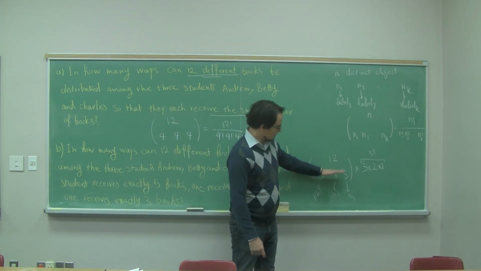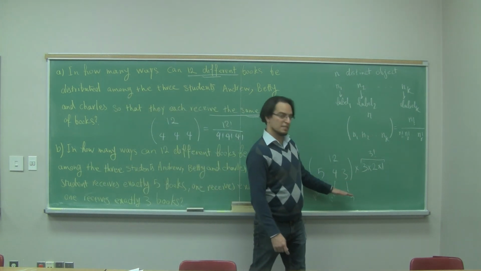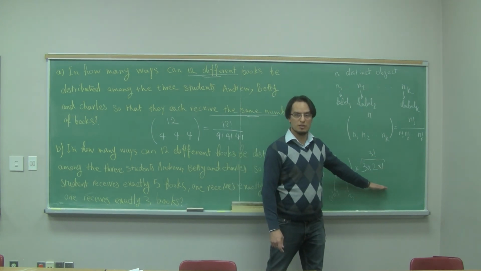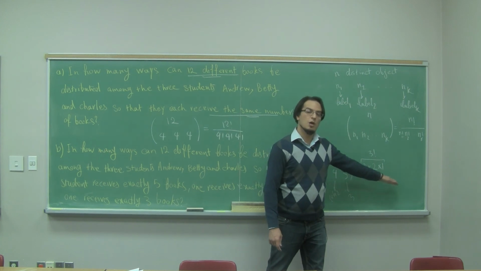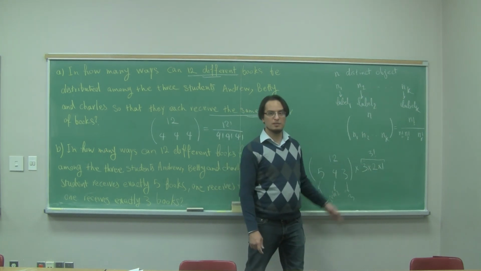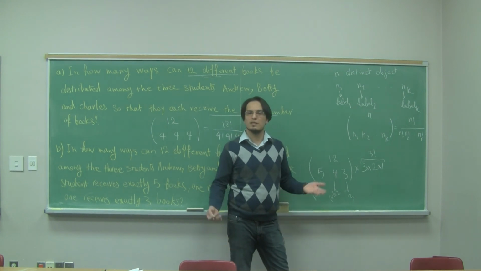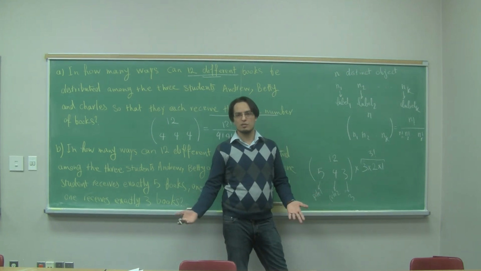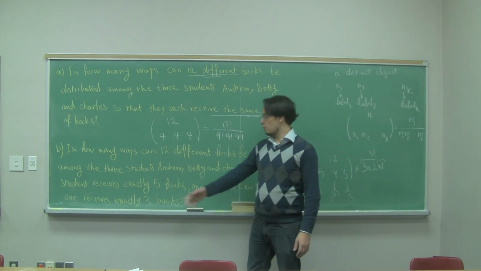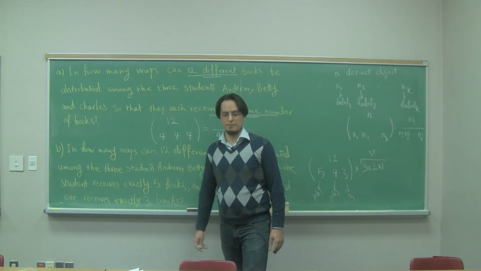Well, I made the piles this many ways. I can distribute them among these students in this many ways, by the fundamental counting principle. You have to multiply these 2, and we are done, because we distributed the books among the students with this condition happening.